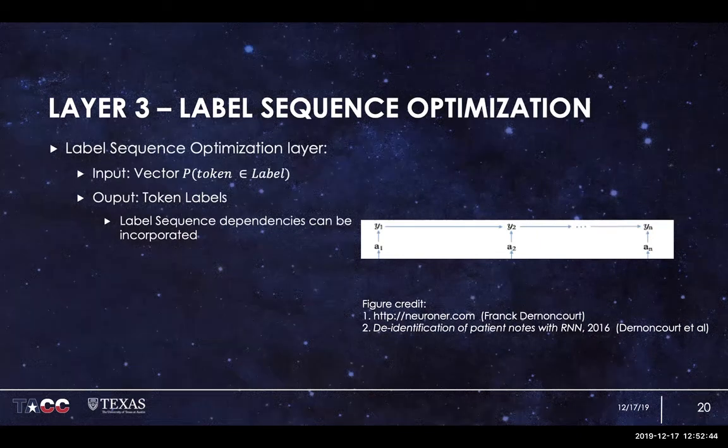And after that, once it has these vector probabilities, the last layer, label sequence optimization, takes these probabilities and assigns a label to a token. The simplistic approach could be to take the maximum probability, but there's also room here to use label sequences.